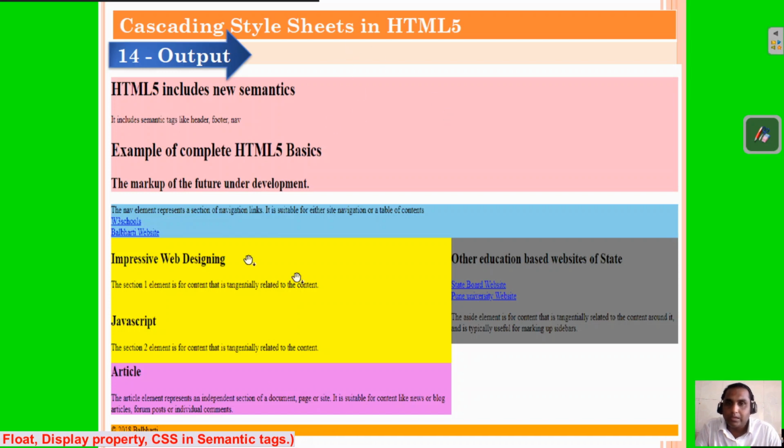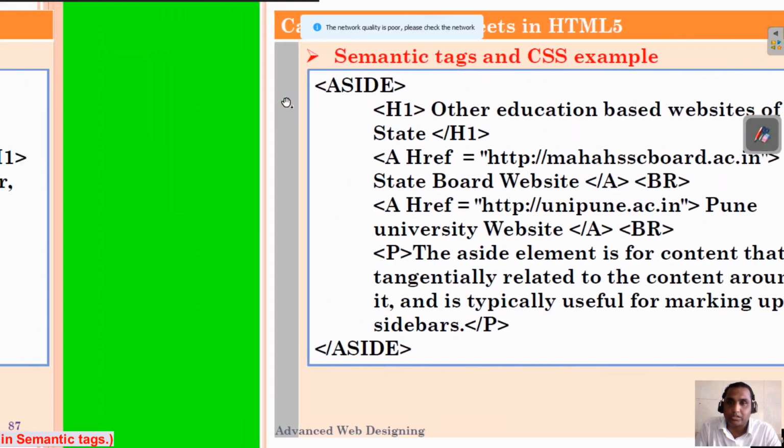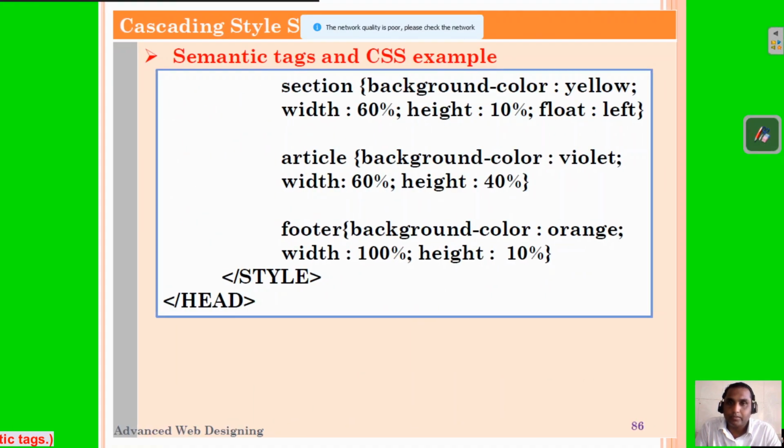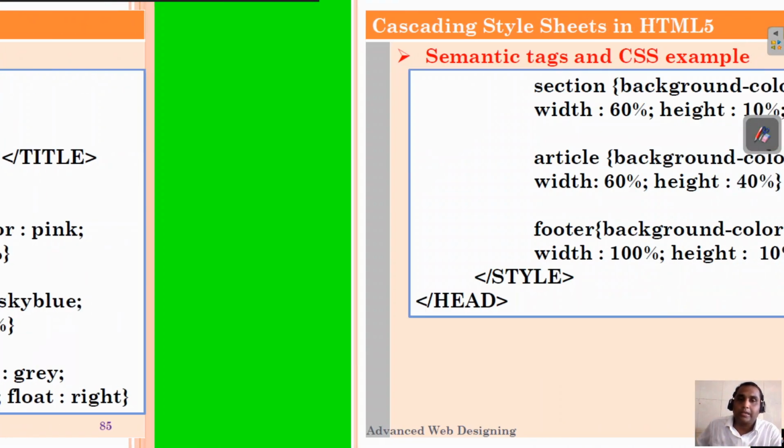So you can divide the web browser into different sections. For different sections I have given different styles: background color, width, height, and a different background color for different sections of a web browser, and accordingly I display the code.